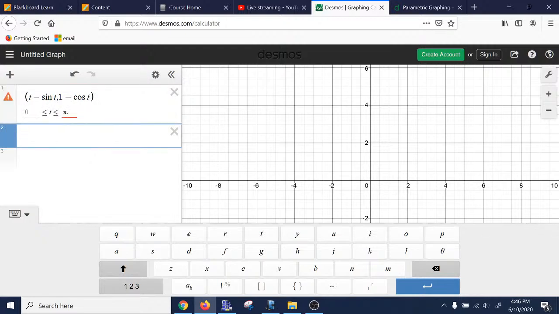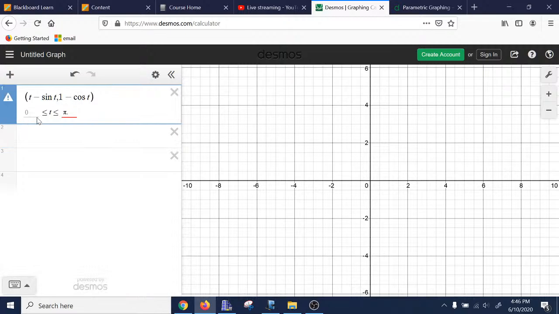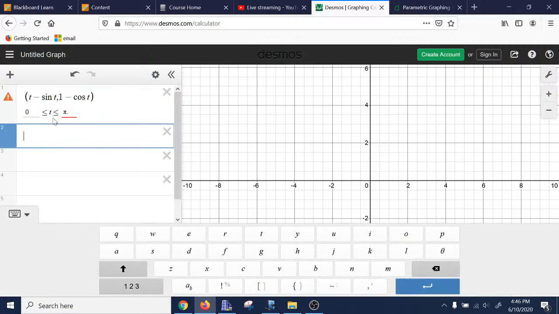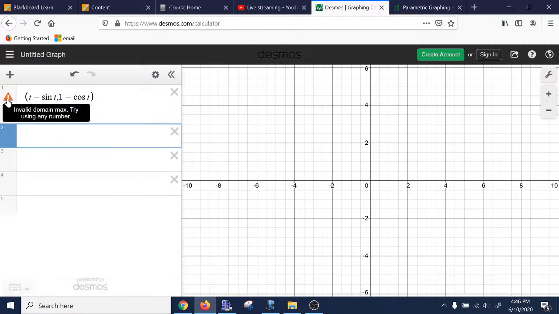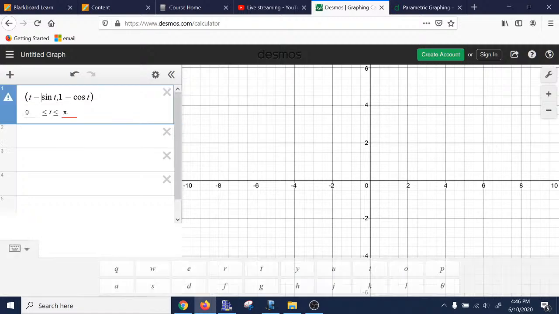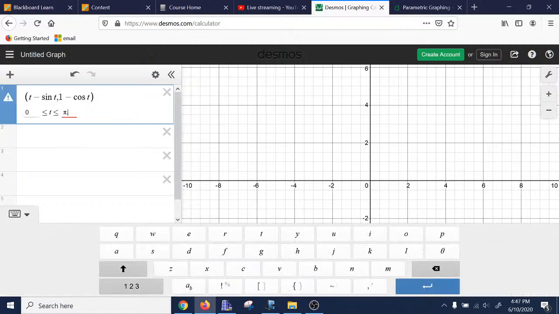Yeah, cool. Invalid domain max. Oh, you don't like the period there. There we go. Let's go to negative pi to 2 pi. Let's make it 3 pi.